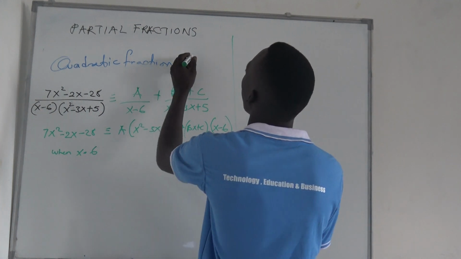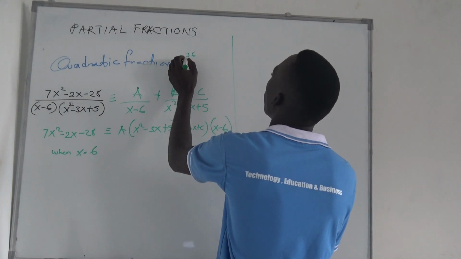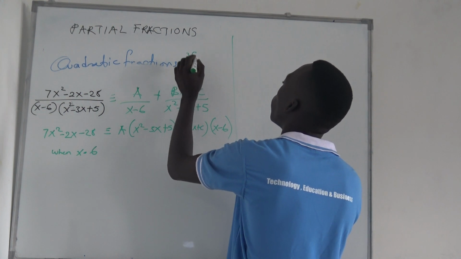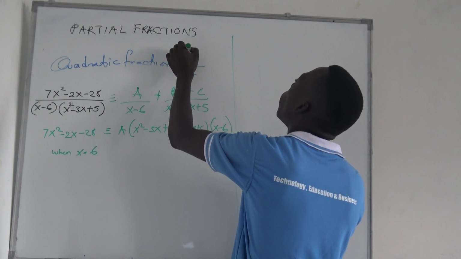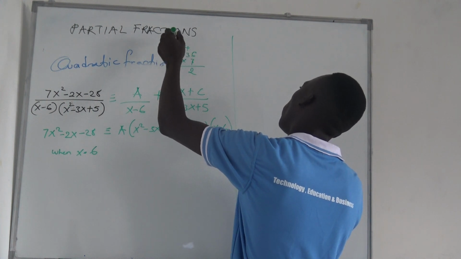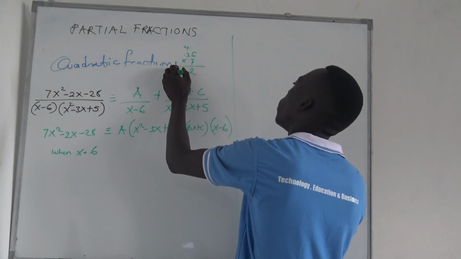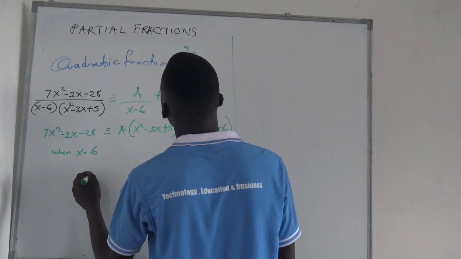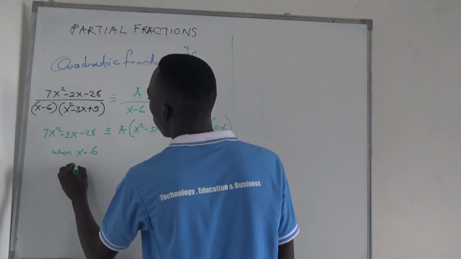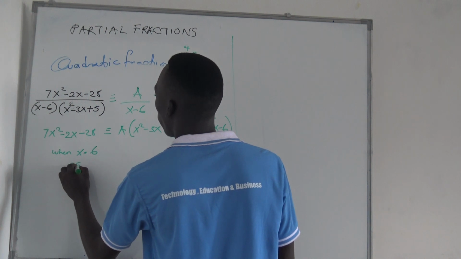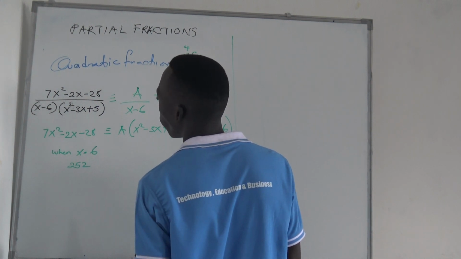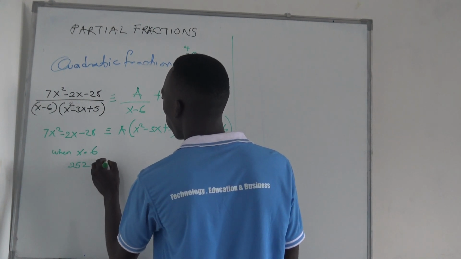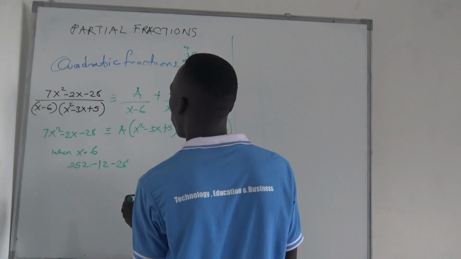So 36 times 7 becomes 252, minus 2 times 6, which is 12, minus 28.